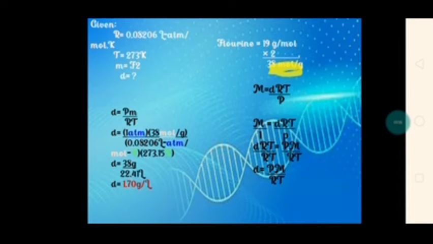Sorry for the error, it's grams per mole. So 38 grams per mole is the value of our molar mass. The equation of the molar mass is M equals dRT over P. Because we're looking for the density, we convert the equation.